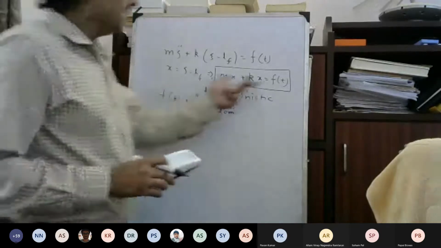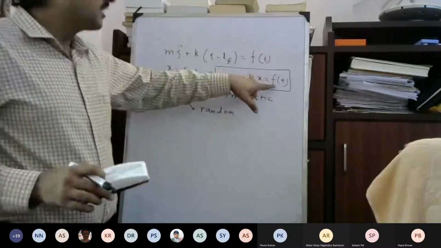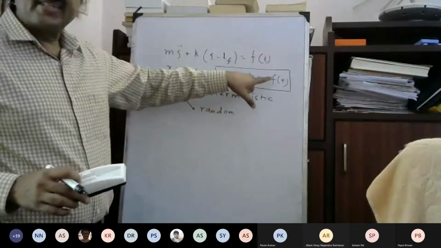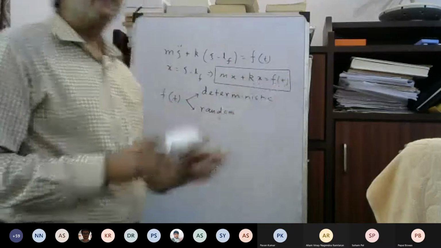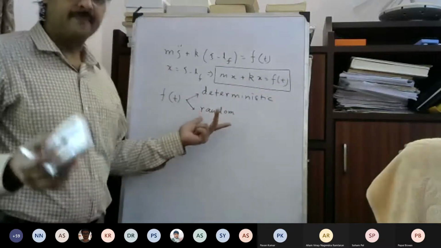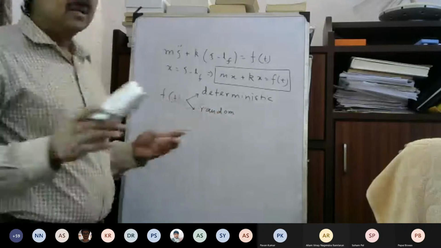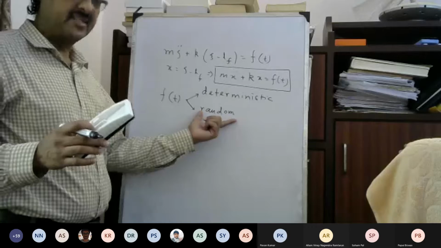Accordingly, the study will be of a deterministic system or a random system. There may be a random vibration where the force is not known, only some statistical measure of the function is known, but the function itself is not precisely known.